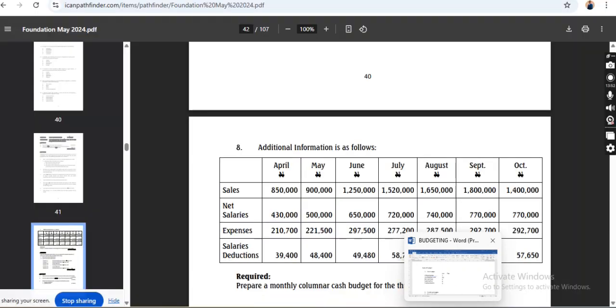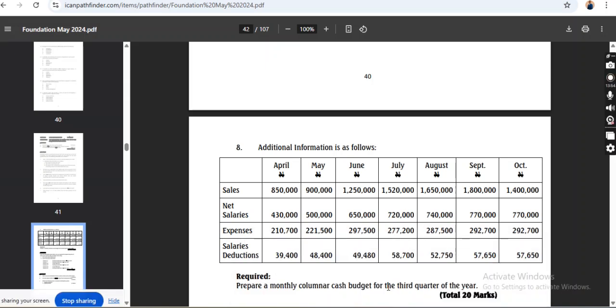And again, when you want to prepare a cash budget, you need to do some workings, right? The cash budget they say we should prepare is based on the third quarter. So when you want to do your workings, you need to bring all the months: April, May, June, July, August, September, October.